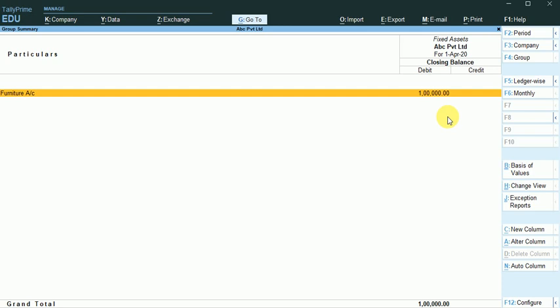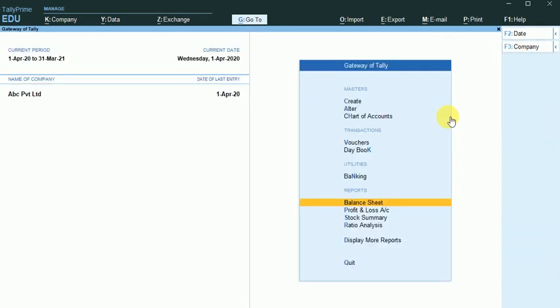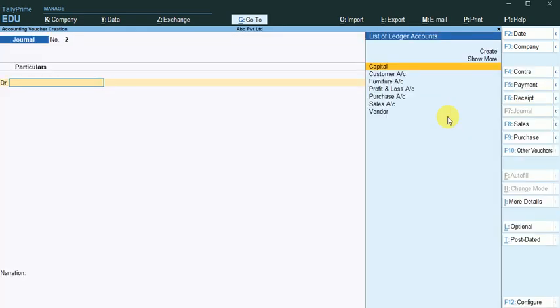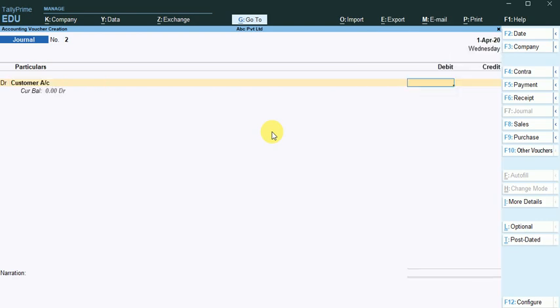So now I'm going to sell the asset. I'm entering into the vouchers. The same journal. I'm going to sell the asset to my customer. I'm debiting the customer, let's say for example 1,50,000 rupees.